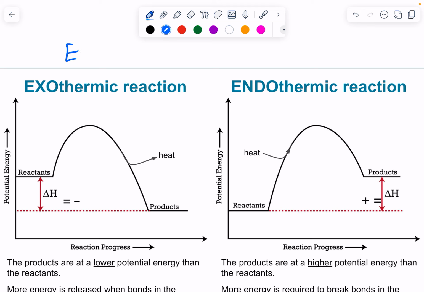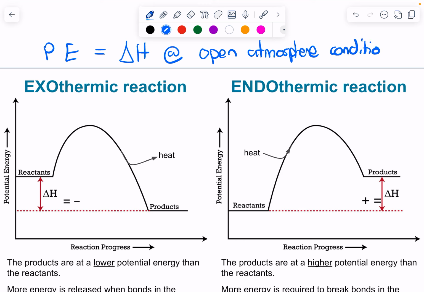Potential energy is basically equivalent to the change in enthalpy at open atmosphere, meaning open container conditions. For our purposes, that is a fine assumption.